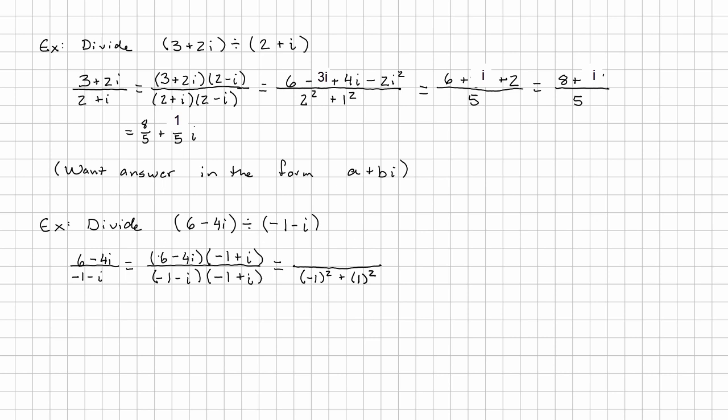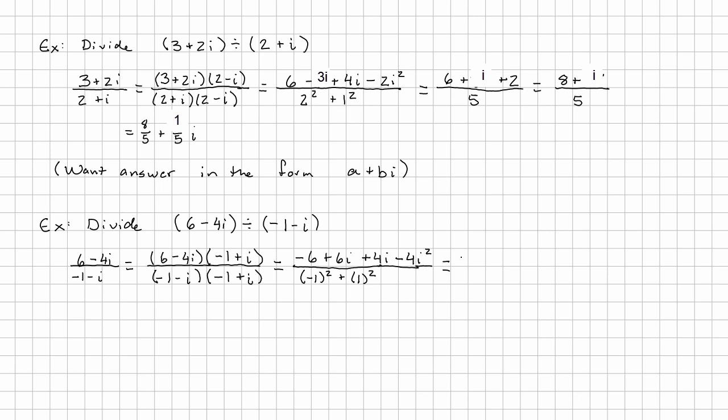In the numerator, 6 times -1 is -6. 6 times i is 6i. -4i times -1 is positive 4i. And then -4i times i is -4i squared.